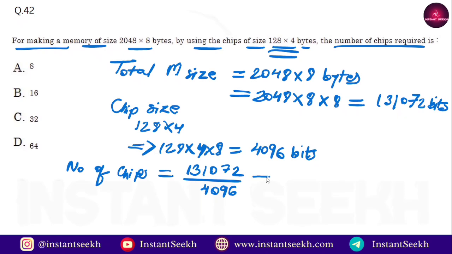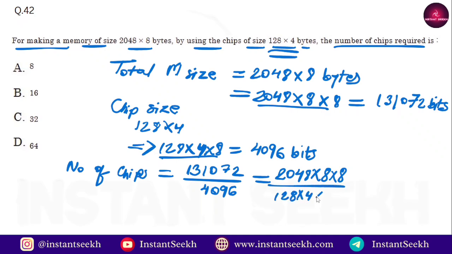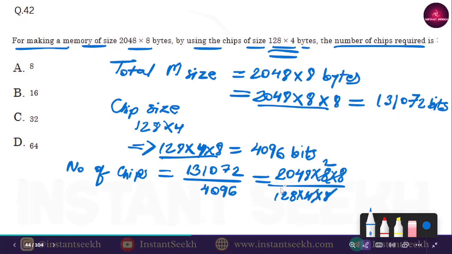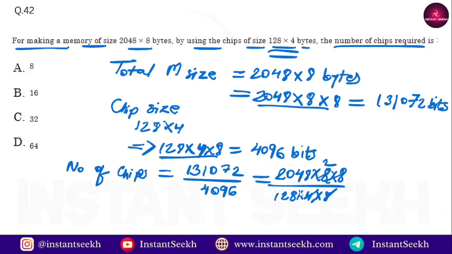Okay, and if you want it simpler, you can use this for cancelling out, that is 2048 into 8 into 8 divided by 128 into 4 into 8. So 8 gets cancelled out, and you can calculate this straight away.